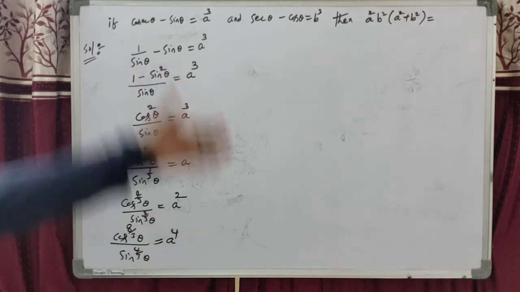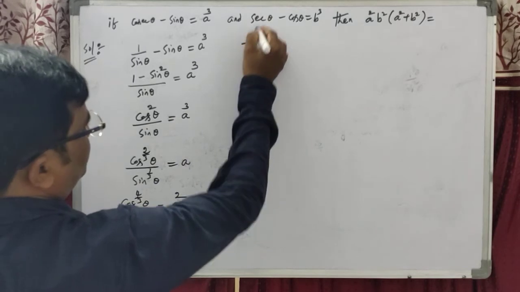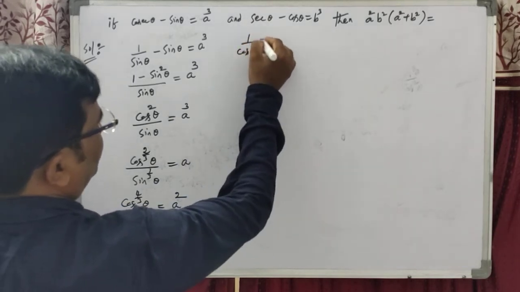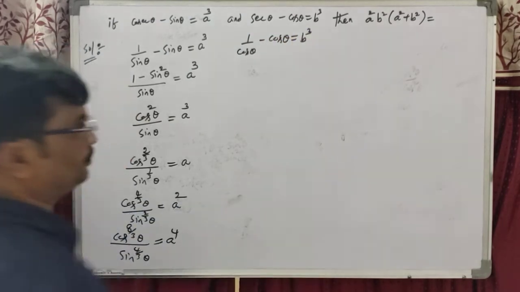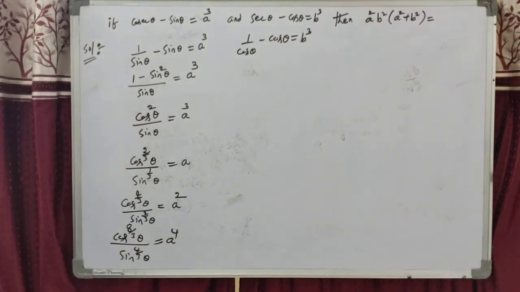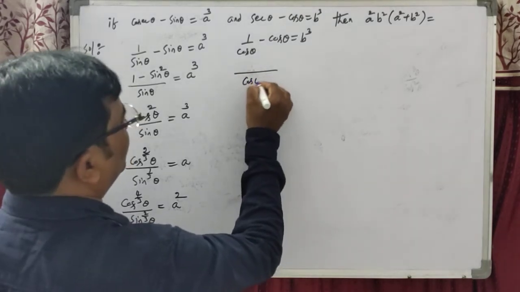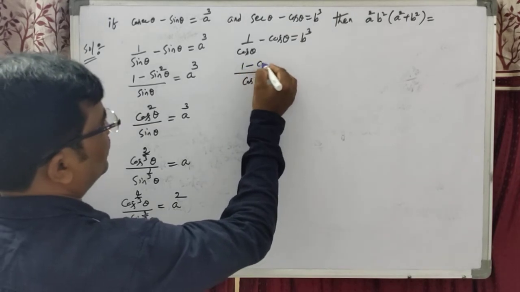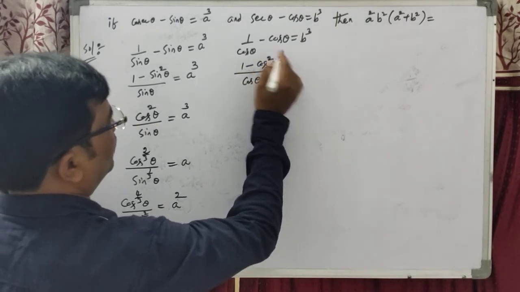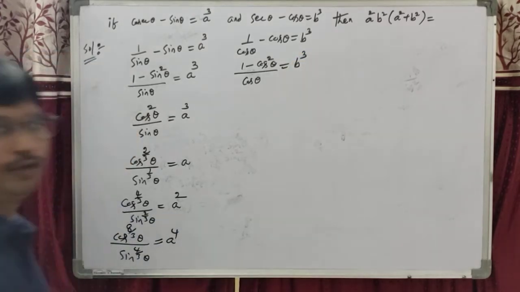Dear students, similarly we can complete like this. The reciprocal of cos is the secant: sec theta minus cos theta equals b cube. Okay students, we are taking cos theta as the LCM, 1 minus cos square theta upon cos theta equal to b cube.